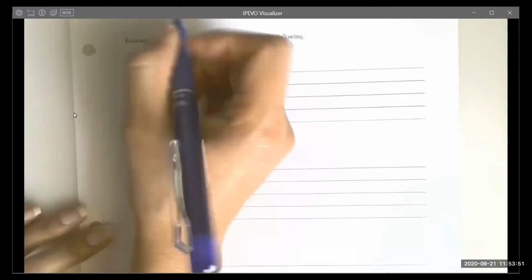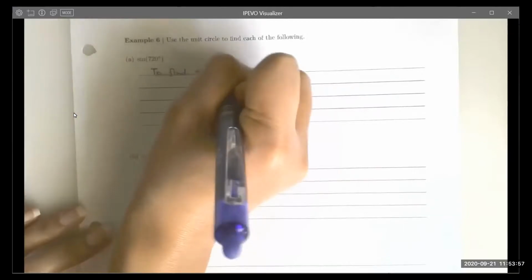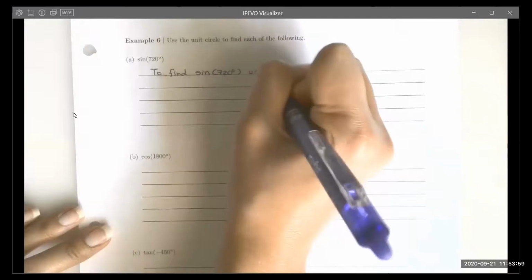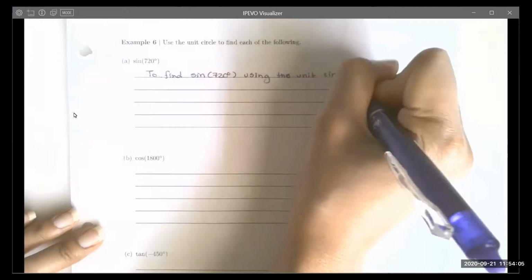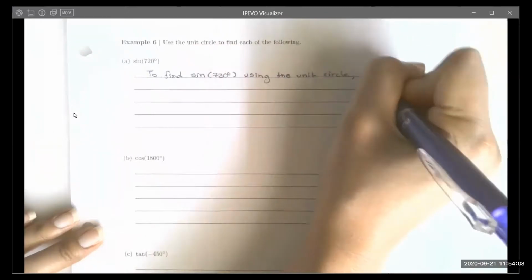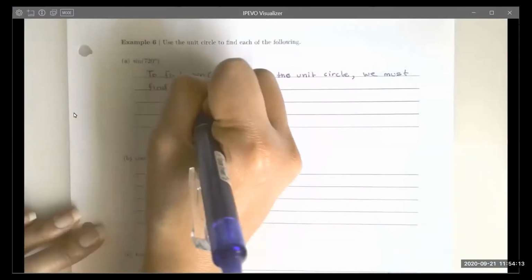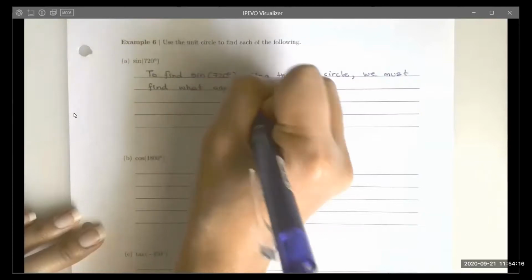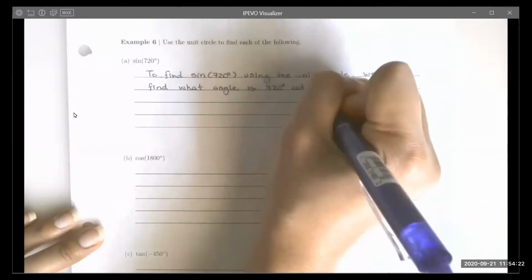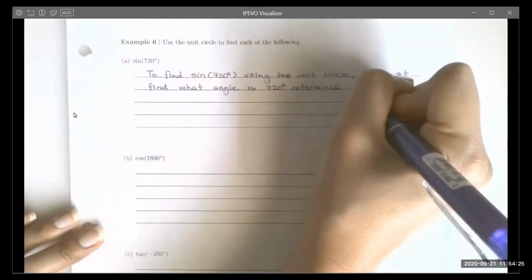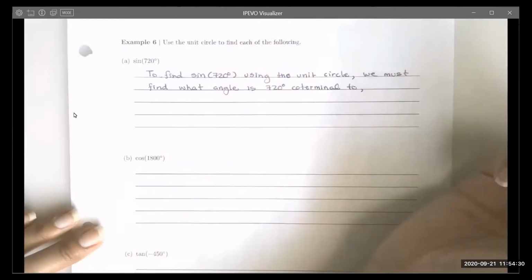So to find sine of 720 using the unit circle, we must find what angle 720 is coterminal to, and then we have to make sure that that angle is in the range of 0 to 360.